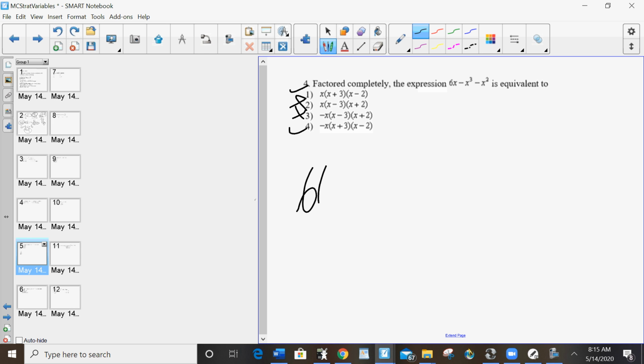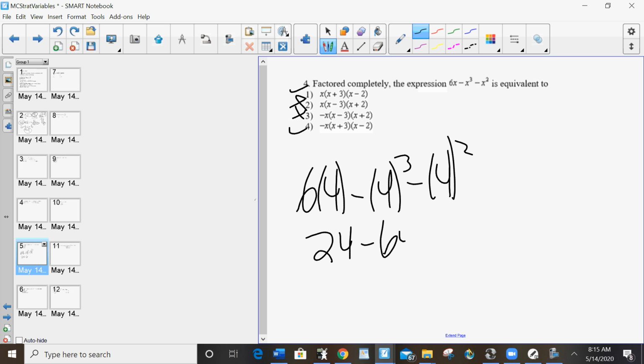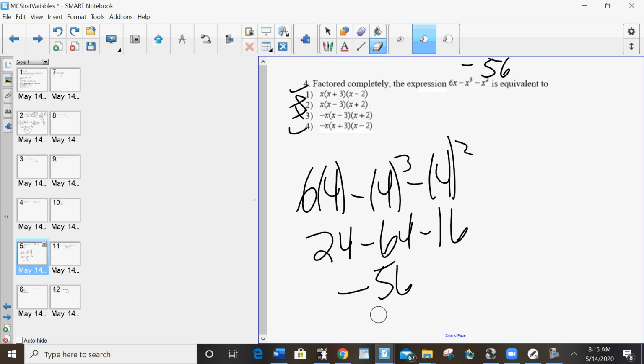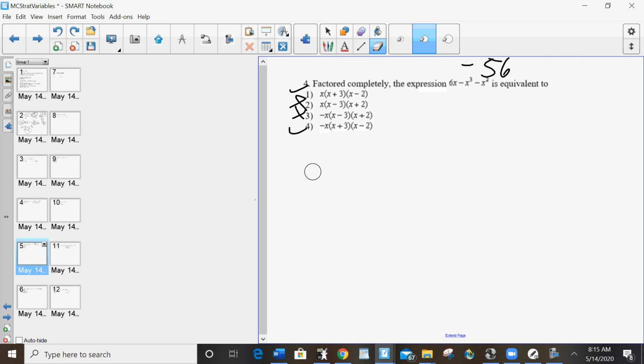So the original problem, 6 times 4 minus 4 cubed minus 4 squared. 24 minus 64 minus 16, that is negative 56. So now I'm just going to go through choice 1 and choice 4 and see which one is negative 56.